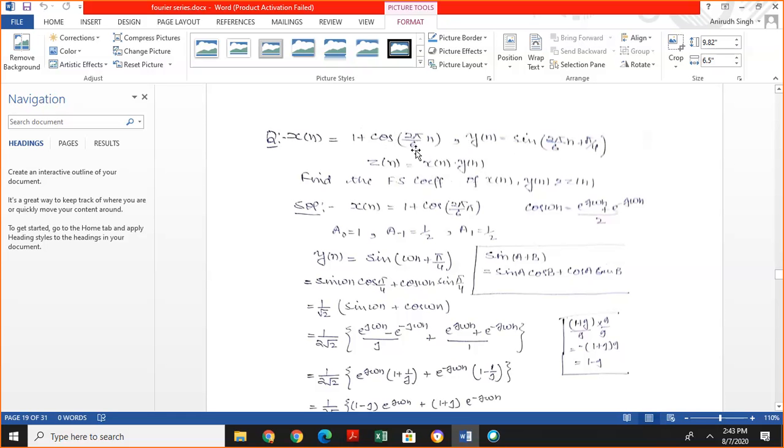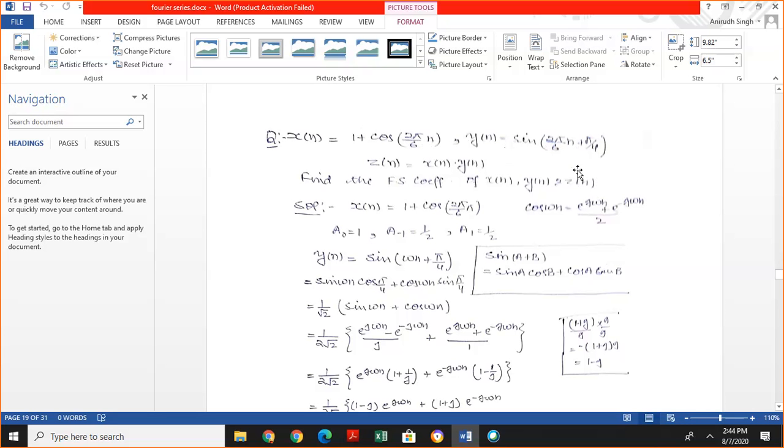You can easily calculate the coefficients of x of n by converting this cos theta into exponential terms, and similarly this sin theta is converted into exponential terms. So you can easily calculate the Fourier coefficients of x of n and y of n.